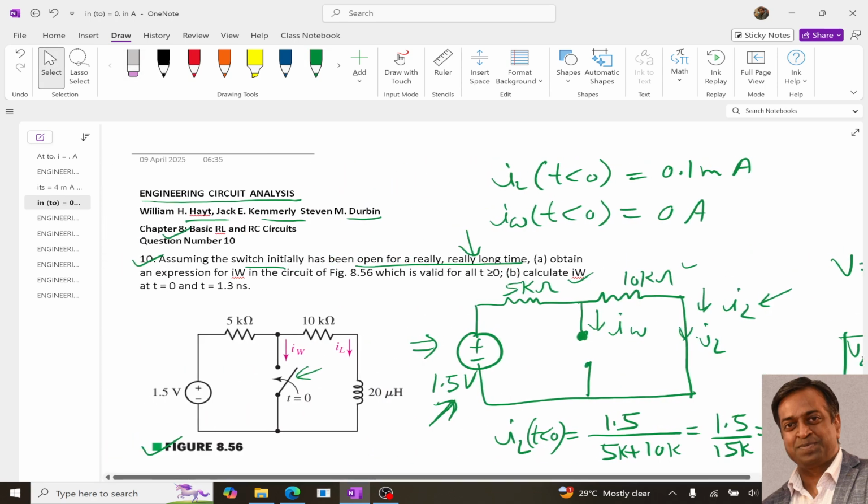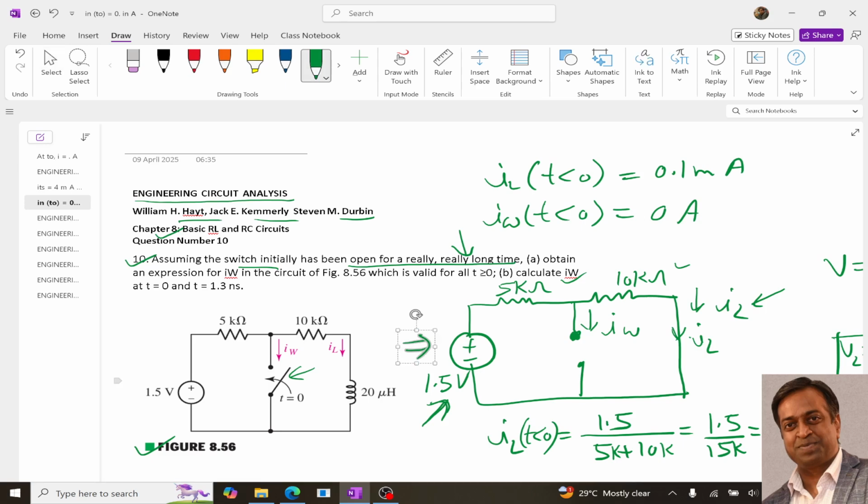Now it is given that this switch is closed at t equals 0. Closed means that the switch is now in this state. Since the switch is closed, all the current coming through the 1.5 volt voltage source will move through this short circuit path, because current always follows the minimum resistance path.